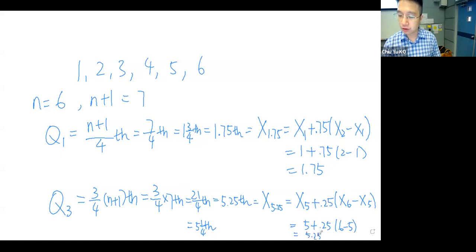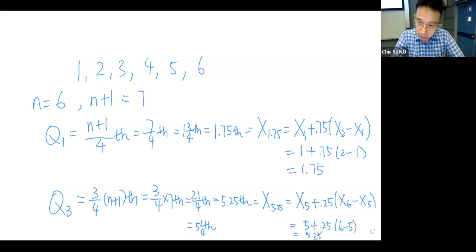So it'd be the same as your slide. Is that clear what we're doing? So why do I do that? Because Excel gives you this one, so you understand why Excel gives you this one. Otherwise, why do we bother? The reason why this is good is because it's consistent. It's just linear approximation, linear interpolation. This is the standard way we do things, so that's why I keep it.